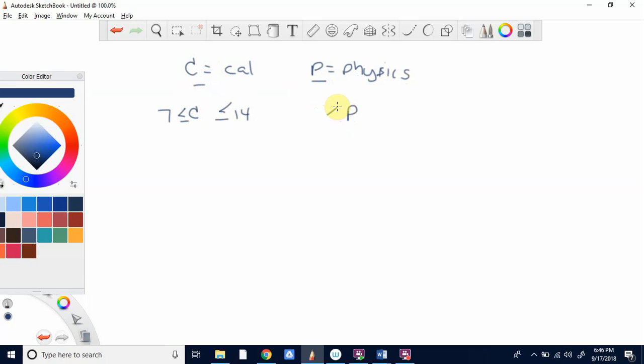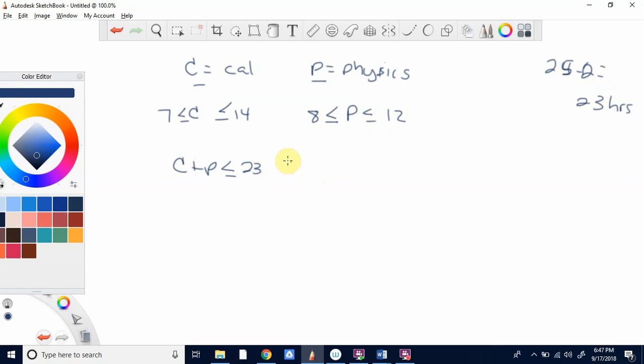And physics, we want to do between 8 and 12 hours. Now, she's got up to 25 hours to study, but she's going to spend 2 hours for history, so we're going to subtract 2, so she's got up to 23 hours to spend on calculus and physics. So we know C plus P has to be less than or equal to 23 hours.